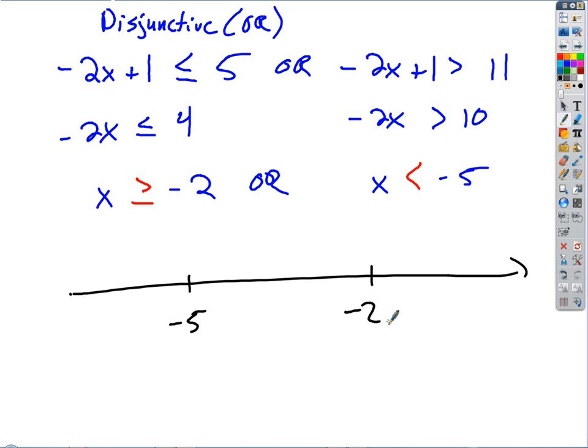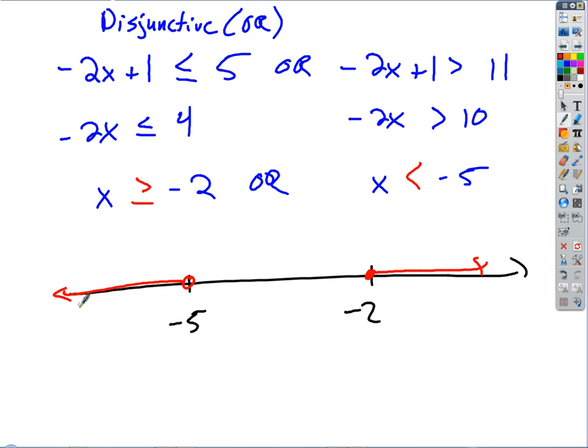X is greater than or equal to negative 2. What do you think? Second one, right? Circle the negative 2 and put it all to the right. Solid, okay. So a solid endpoint, we're going to go that way, right? What about this one? X is less than negative 5. Open circle and to the left. Okay, open endpoint to the left. Good. Make sense? You good?